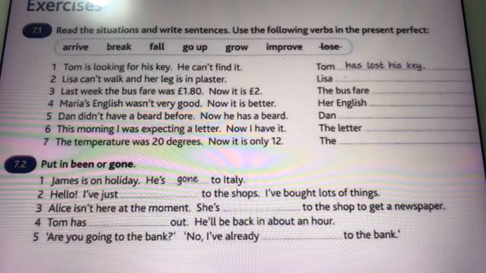So Dan didn't have a beard before. Now he has a beard. So Dan, okay. You need the has, right? Has grown his beard. Okay? Next.